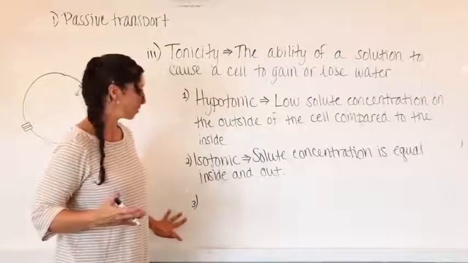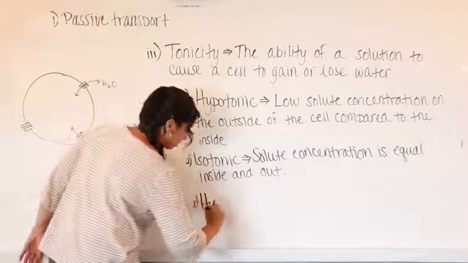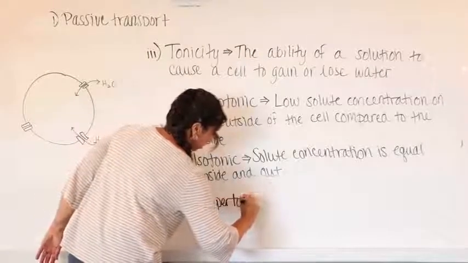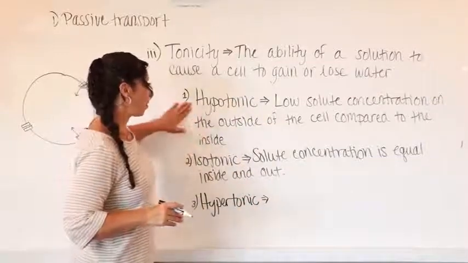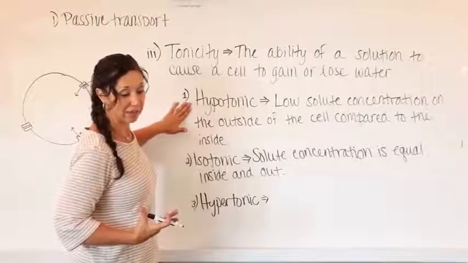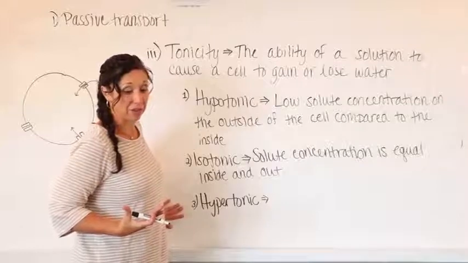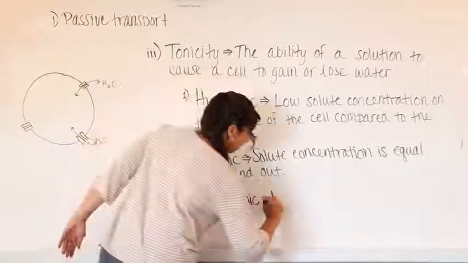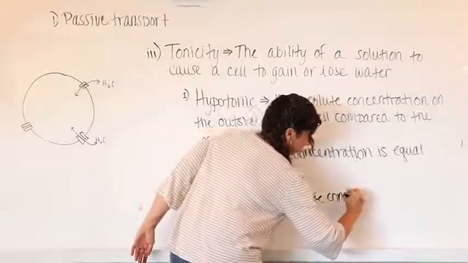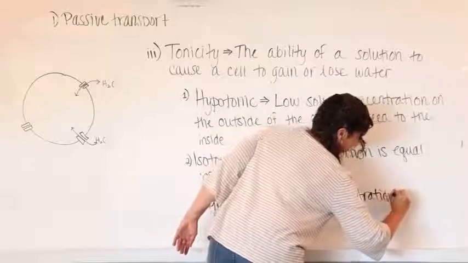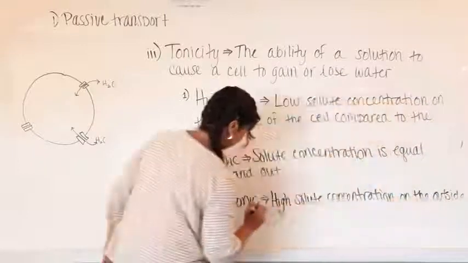The last one is hypertonic. Whenever you hear the word hyper, it means too much of something or it's elevated. So opposite, if hypotonic is low solute concentration on the outside, hypertonic means there is high solute concentration on the outside of the cell.